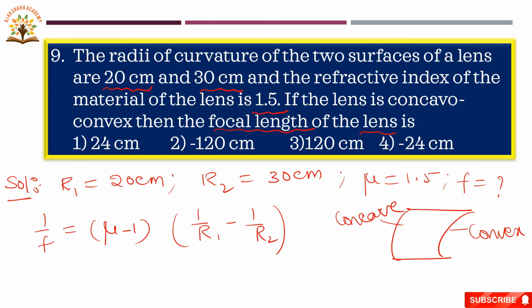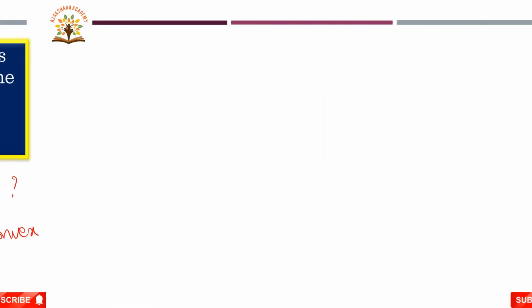So 1 by f is equal to (mu, that is 1.5, minus 1) of (1 by 20 minus 1 by 30). So now taking LCM, 1 by f is equal to (1.5 minus 1, 0.5) into (3 minus 2) by 60.